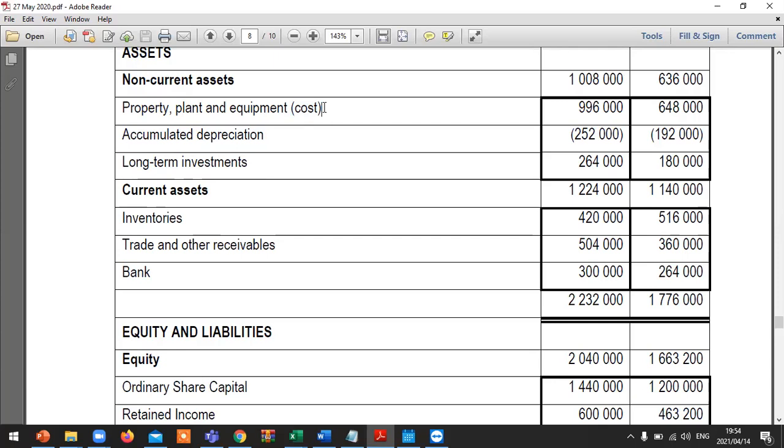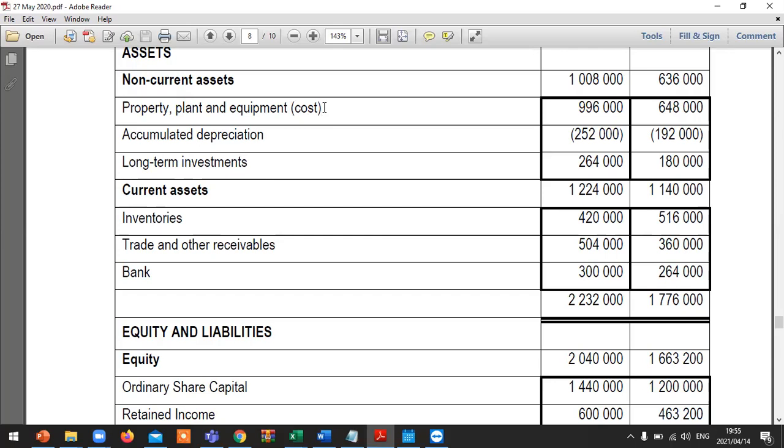For accumulated depreciation to work out the carrying value. How do we calculate carrying value? Cost minus accumulated depreciation. So be careful. If it says cost, you should know there's accumulated depreciation. But if it doesn't say cost and you don't see accumulated depreciation, that would mean the carrying value.